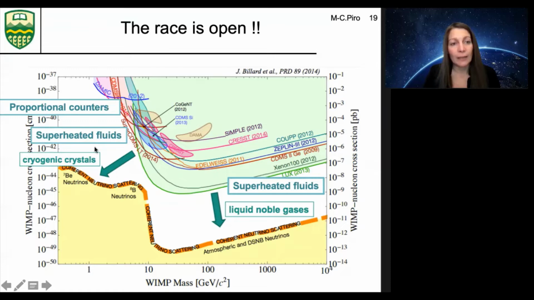So depending on the detection technique, some of the detectors are very sensitive to what we name low WIMP masses, and some other detectors are sensitive to very low cross-section.